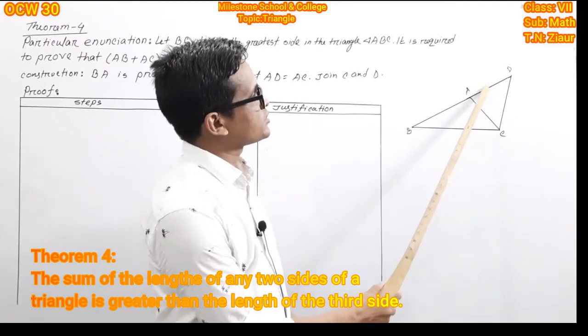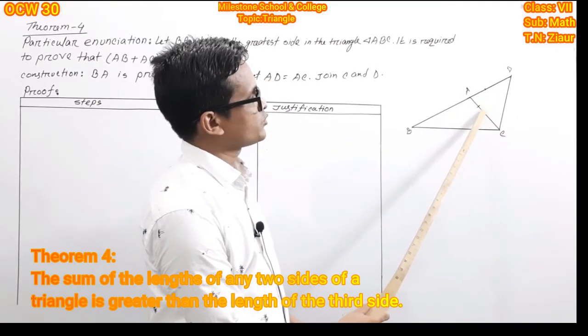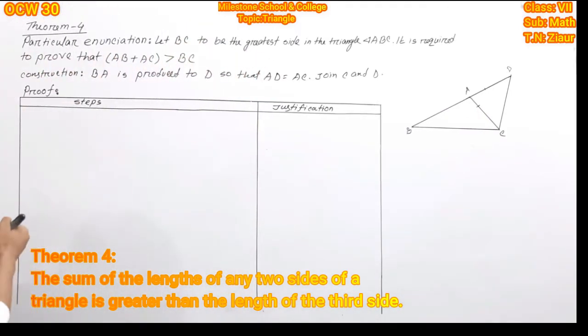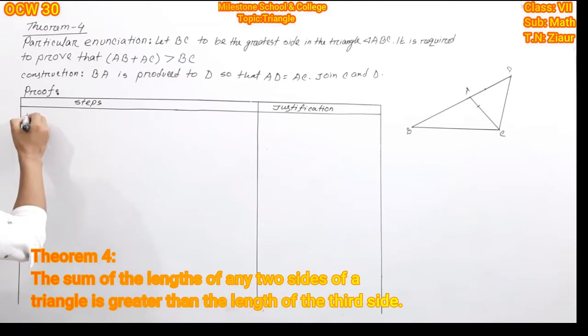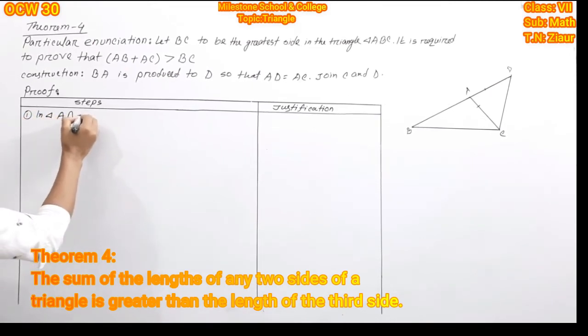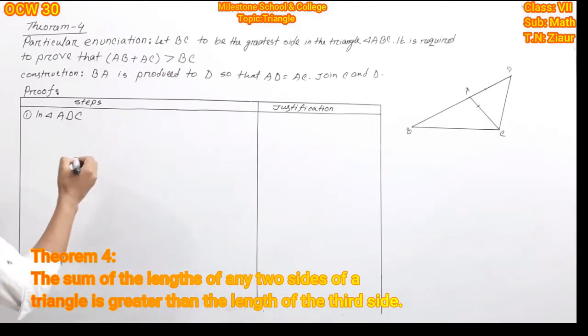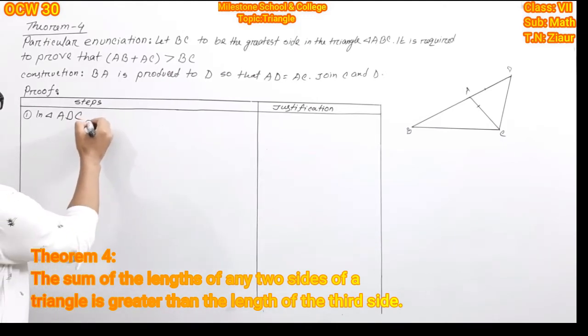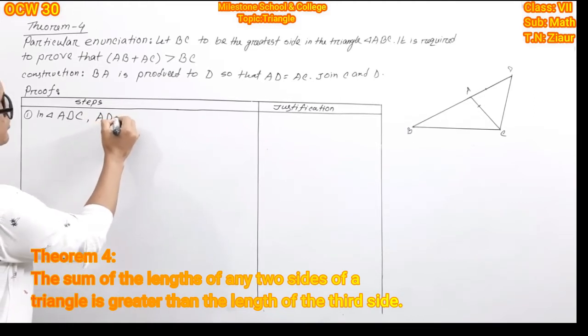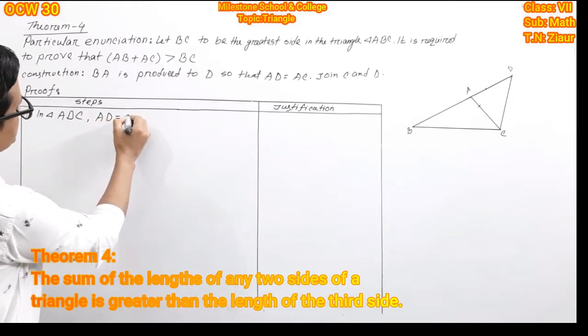That means this is an isosceles triangle. So we write here, in triangle ADC, where AD is equal to AC.